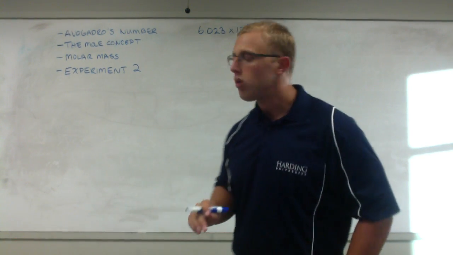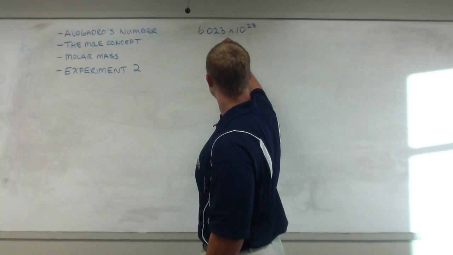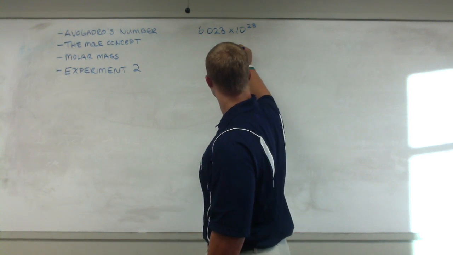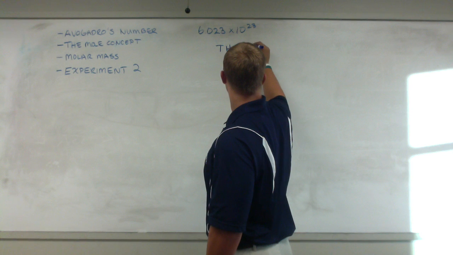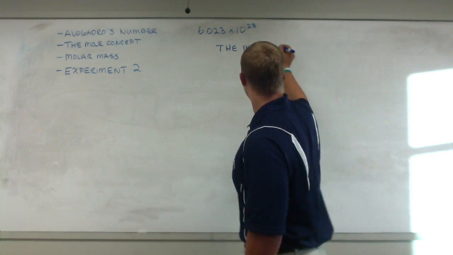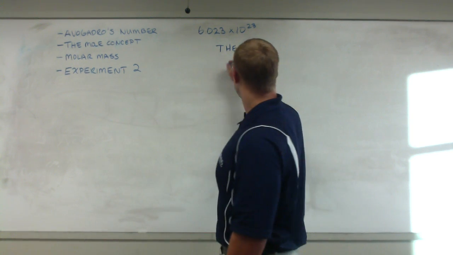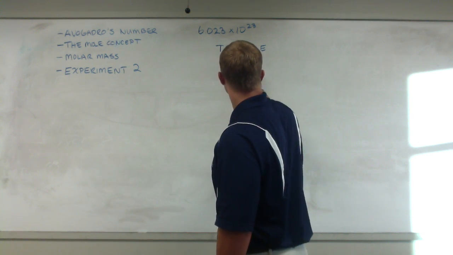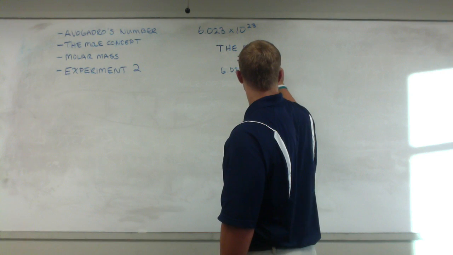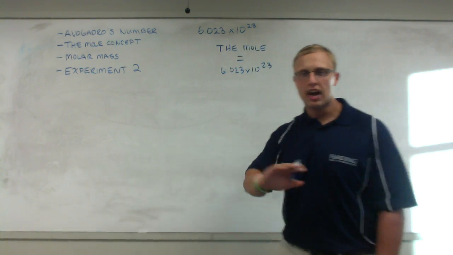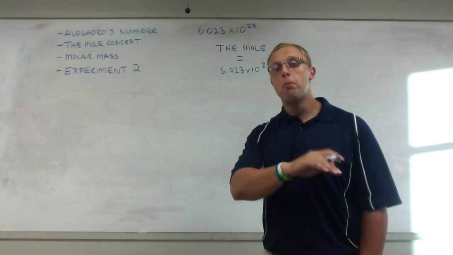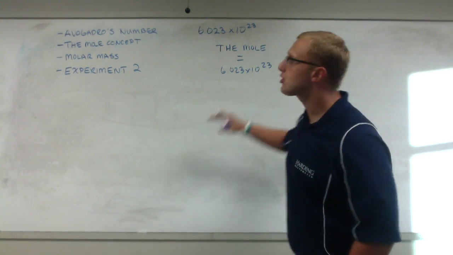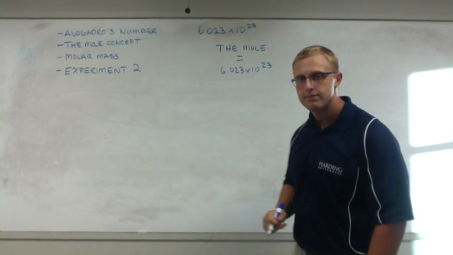So a mole, so we'll just say the mole. We're going to expand this definition, right, into bigger things. But the mole is equal to 6.023 times 10 to the 23rd of something. The mole is the unit used to describe this number.